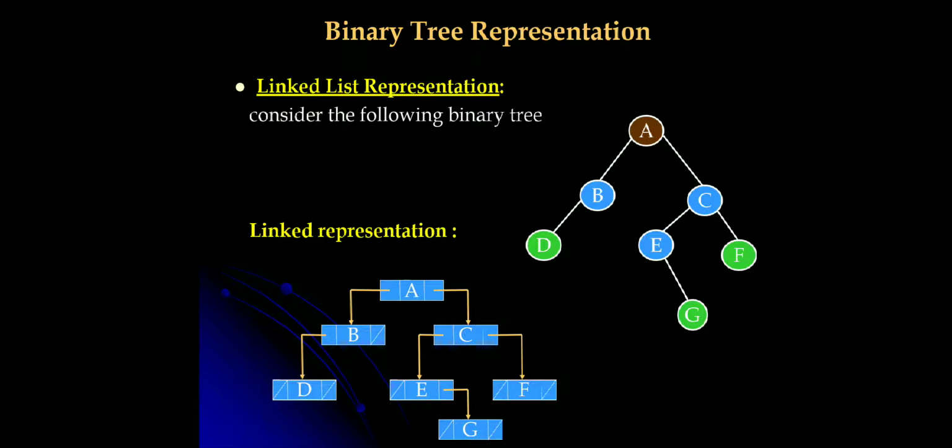L child contains the left subtree address and R child contains the right subtree address. Similarly for node E, there is no left child, so it is null, and the right child is G. So the R child field of node E contains the address of G. And leaf nodes, you can observe, will not have any left or right subtree, that's why you will see null in both the L child and R child pointer fields.